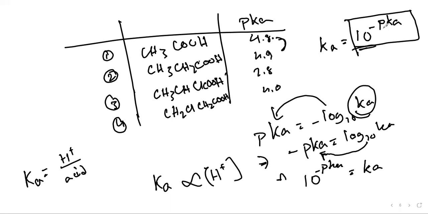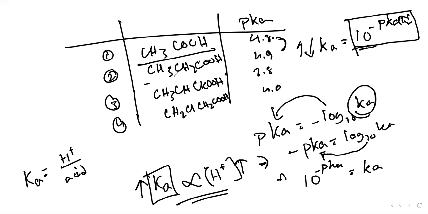So if the pKa value increases, the Ka value decreases, and if pKa decreases, Ka increases. And since Ka, the acid dissociation constant, is directly proportional to H+, if Ka increases, the concentration of H+ also increases.